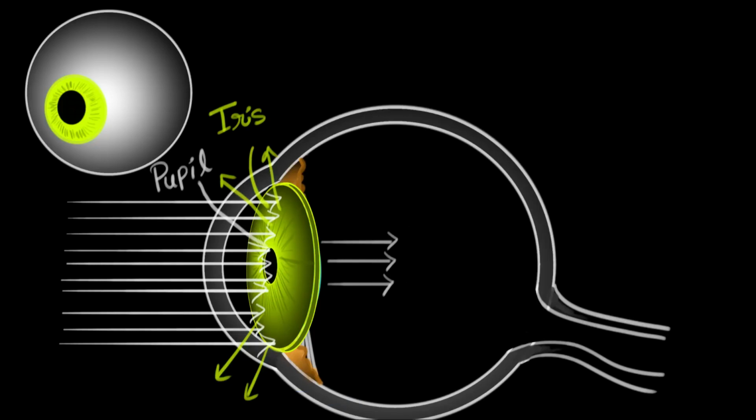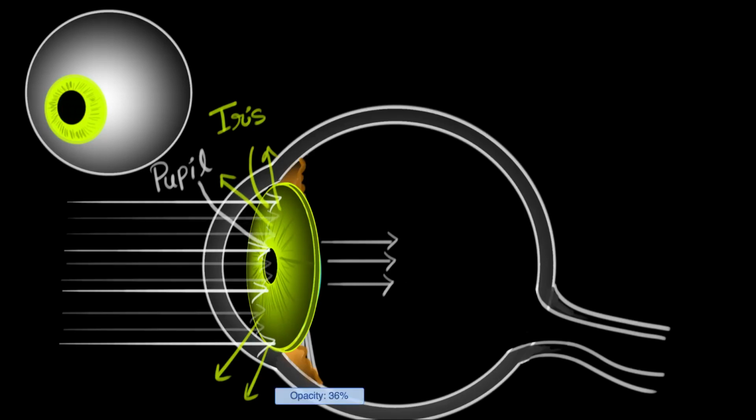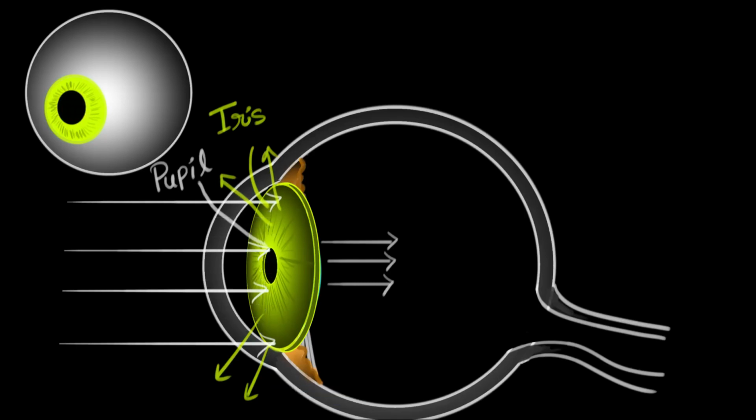On the other hand, if the ambient lighting conditions are very dark, so let's say it's evening time or nighttime or you're inside a dark room, now there won't be many rays of light hitting our eyes in the first place. Now we would want to open up that pupil, otherwise we won't be able to see anything. And so in such case, the pupil opens up, the hole opens up, allowing the light to enter.